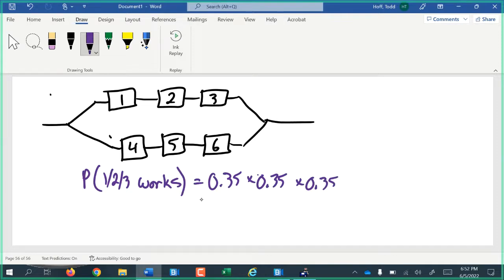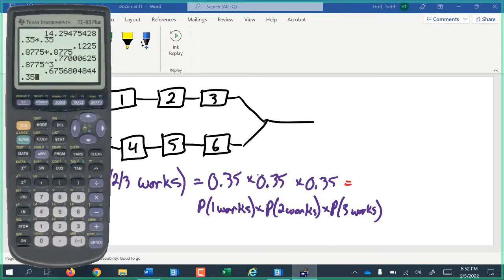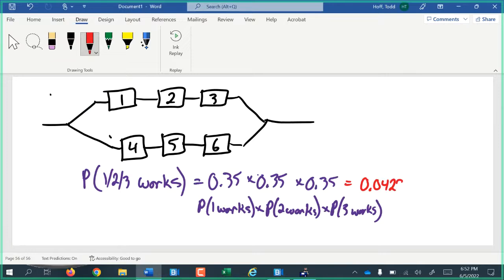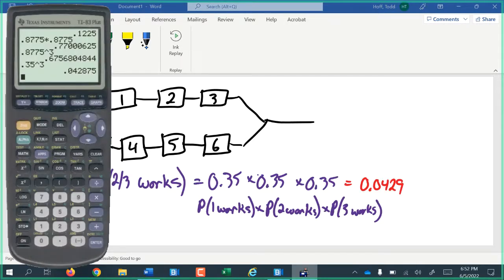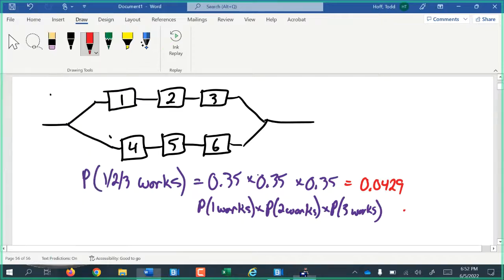Where does that come from? Well, that's the probability that 1 works times the probability that 2 works times the probability that 3 works. Again, the probability that each of them works is still that 0.35 from above. So I multiply that out, again just using the power of 3 so I don't have to type that in. So I get 0.0429, we'll round that to. The 0.0429 is the probability that it works.